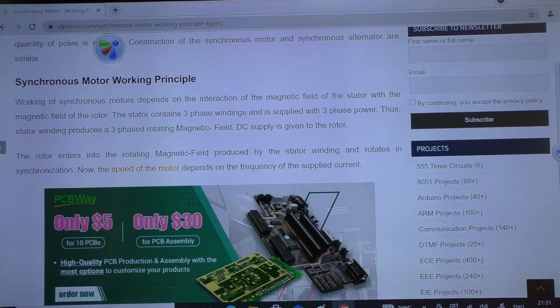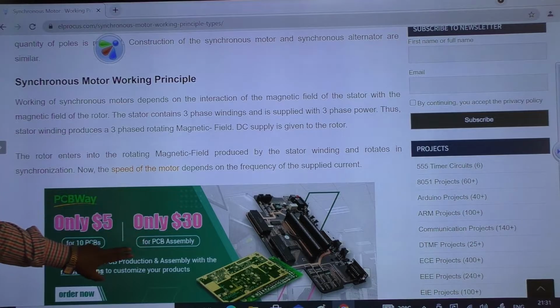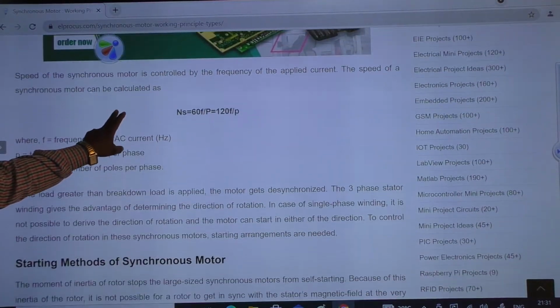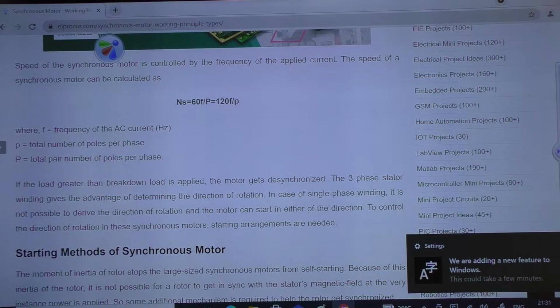Now the speed of the motor depends upon the frequency of the supplied current. So it purely depends on the frequency of the supplied current. Now we can see the relationship between the synchronous speed, frequency and poles.